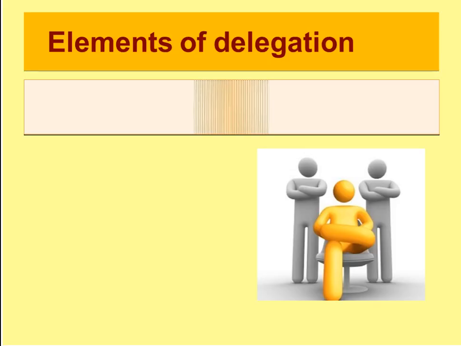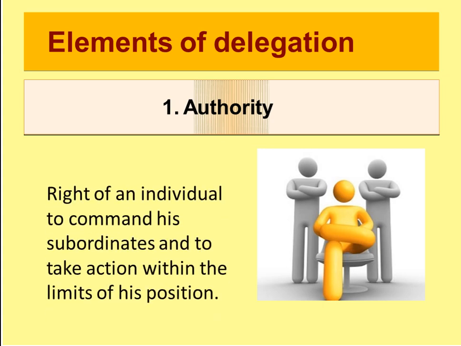What are the elements of delegation of authority? The first one is authority. Authority is the right of an individual to command his subordinate and to take action within the limits of his position.